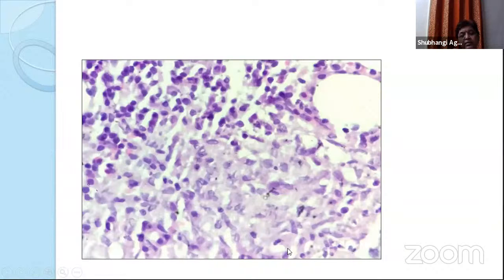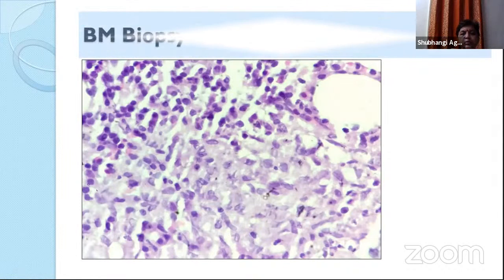Epithelioid cells which are surrounded by the lymphocytes and plasma cells. So they have a cuff of lymphocytes and plasma cells. So this is the epithelioid granuloma which is present in the biopsy. This patient also was HIV positive.